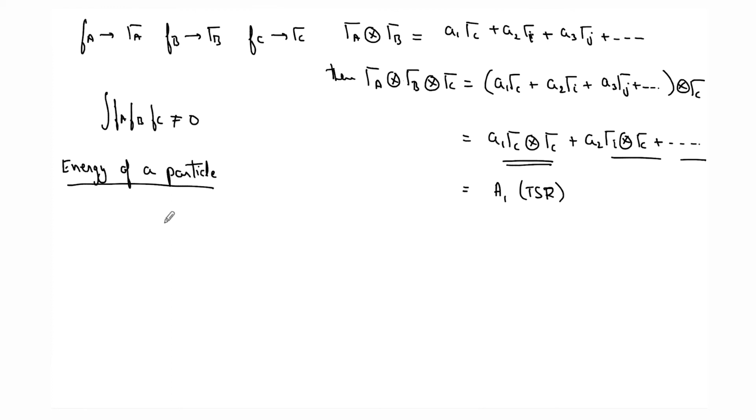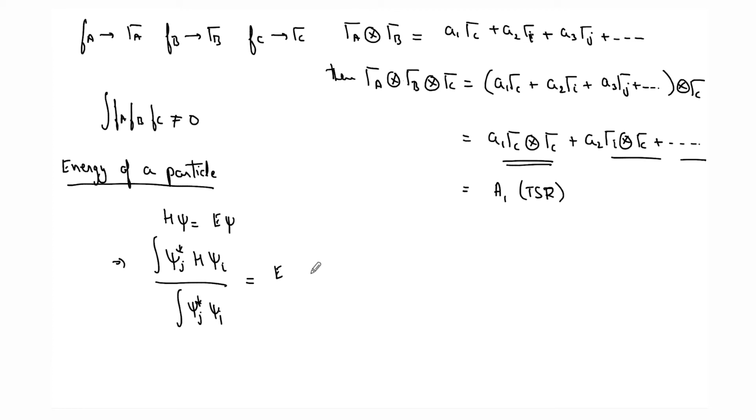We know this equation, H psi equals E psi, and we can multiply and write the equation like this. Let's say this is psi j star, and psi j star psi i, this will be equal to A, right?